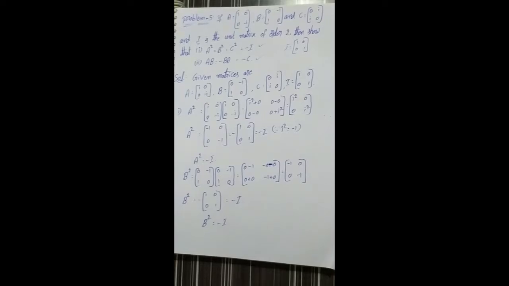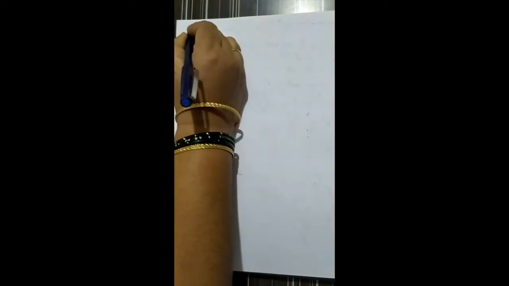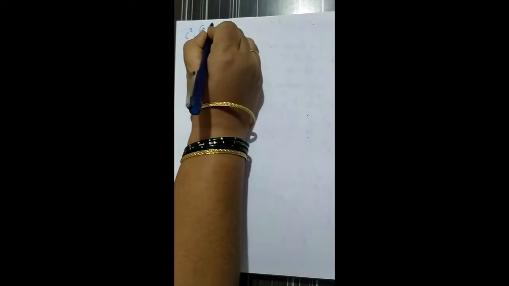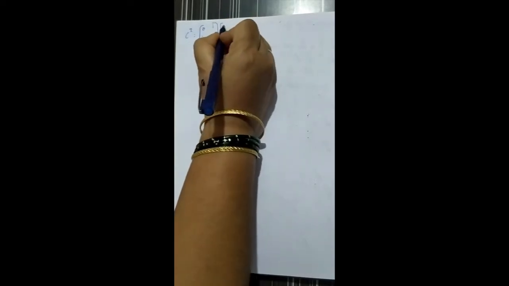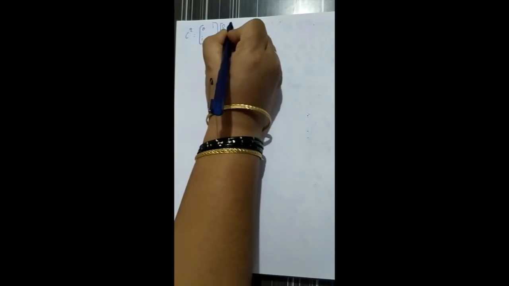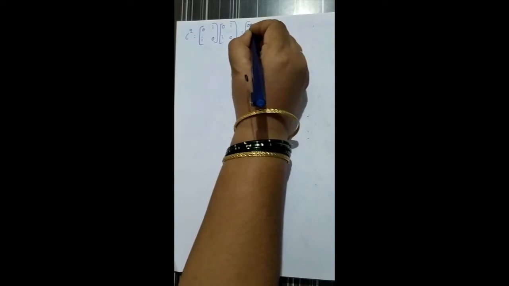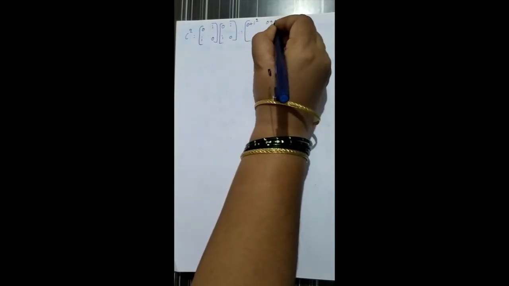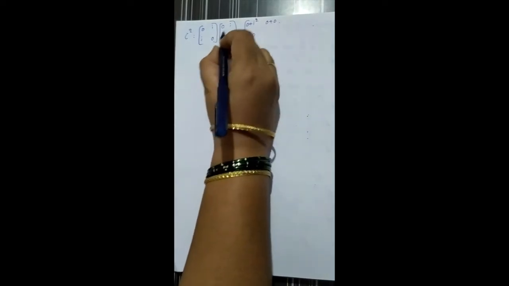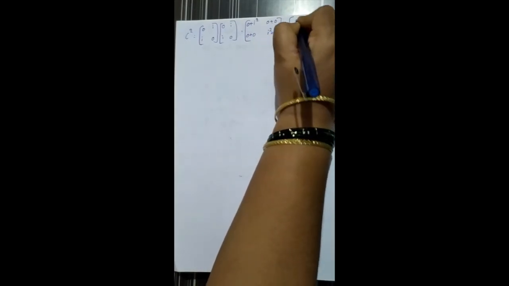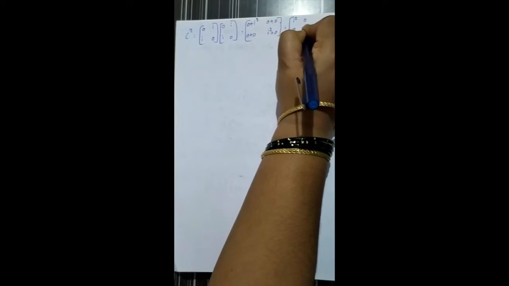Next, we can calculate the C squared value. C squared equals matrix C into C, that is [0, i; i, 0] into [0, i; i, 0]. That is equal to, by multiplication, [i squared, 0; 0, i squared].